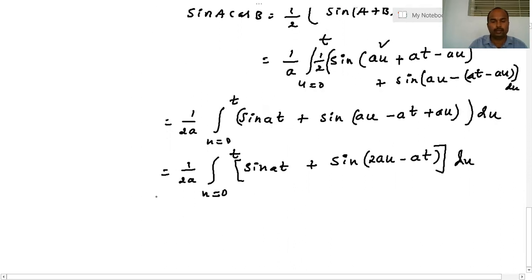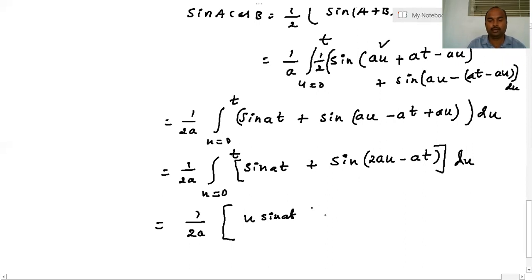So now we'll integrate with respect to u. 1 by 2a into, here sin at, there is no u, so this will be treated as a constant. So what is its integration? u into sin at.